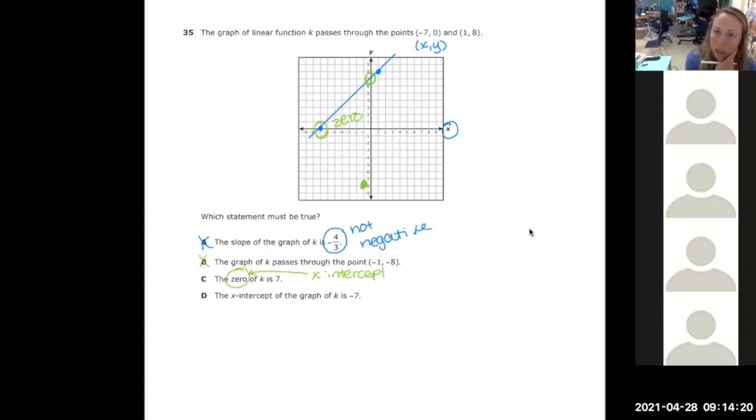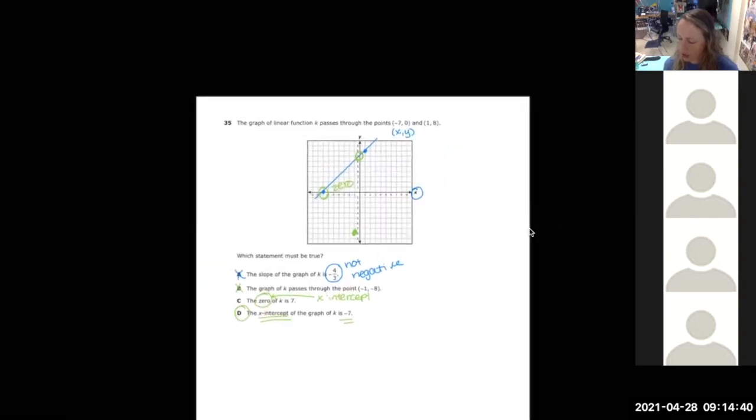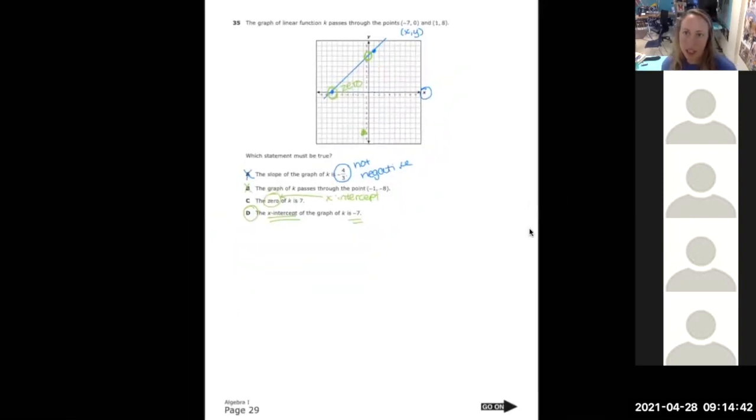C is probably the most commonly chosen one, but that one is not the answer. And then it says the x-intercept, so that one's specific, is -7, and that is the best answer. So the answer is D. All right, so that one was just literally you draw it on the graph and then check out your answer choices.